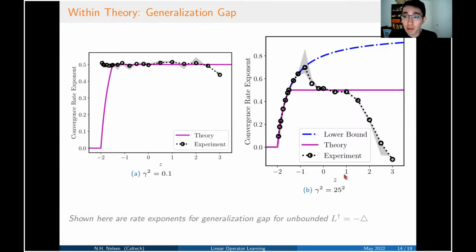Okay, and similarly, this is the generalization gap, so training minus test error, absolute value. This is a little subtle because of the noise in this finite sample regime. The previous results are asymptotic, but of course we have to work on a finite sample on a computer.